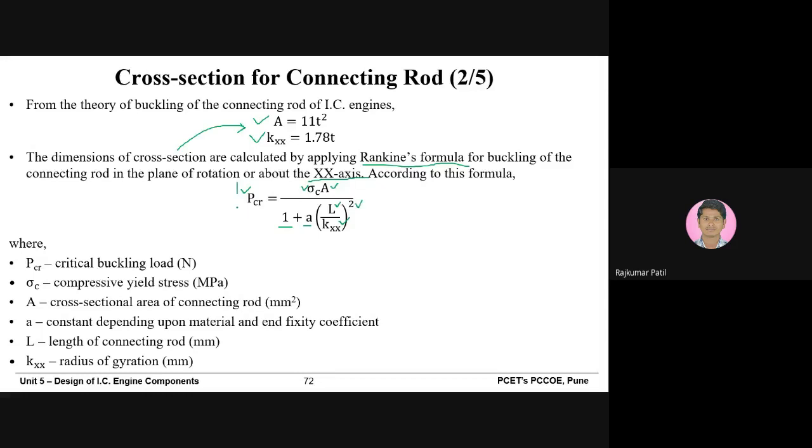So we use this particular formula to calculate either critical buckling load, or if critical buckling load is known, we can calculate the cross sectional area, or if these two values are known, then we can also use this formula to calculate the thickness of the connecting rod in which we are interested.